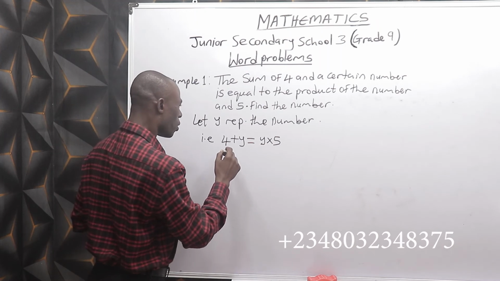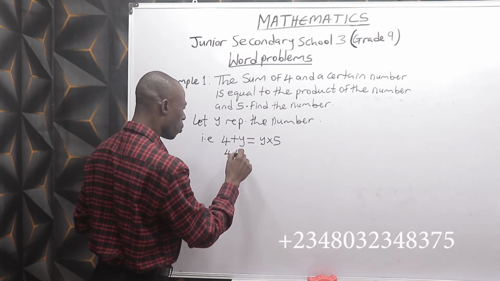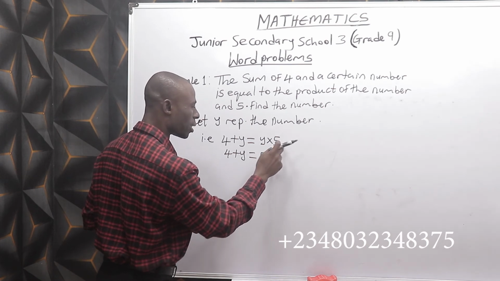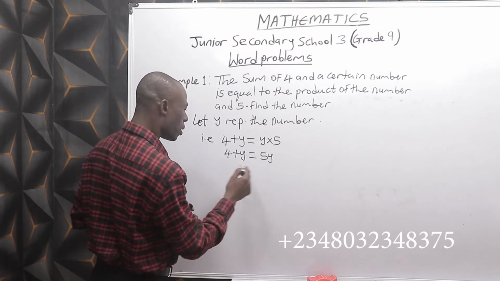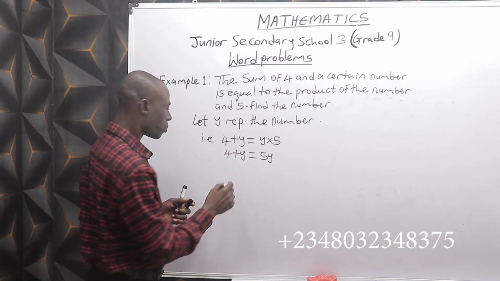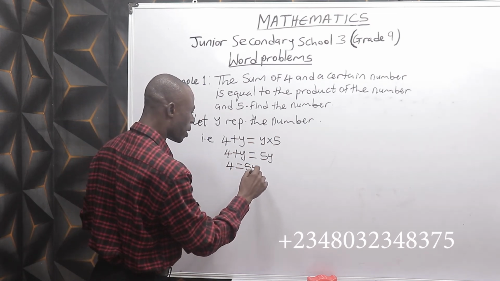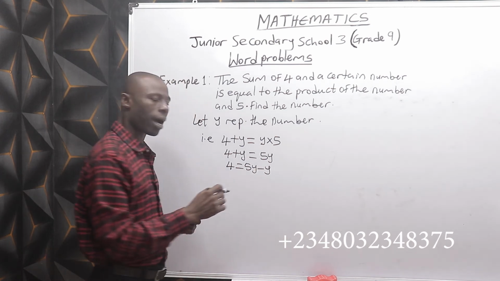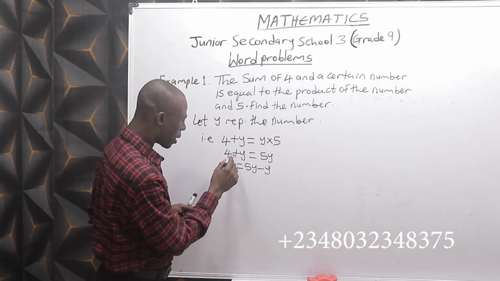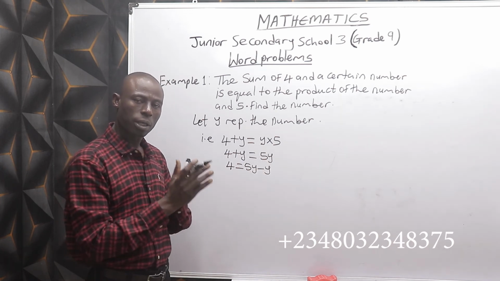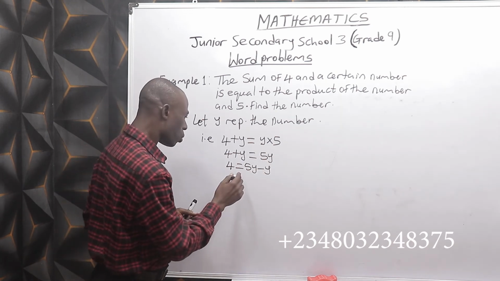So we have 4 plus Y equals 5Y. Y times 5 is 5Y. Collect the like terms now. We have 4 equals 5Y minus Y. You take this positive Y to the other side, which becomes negative Y there.